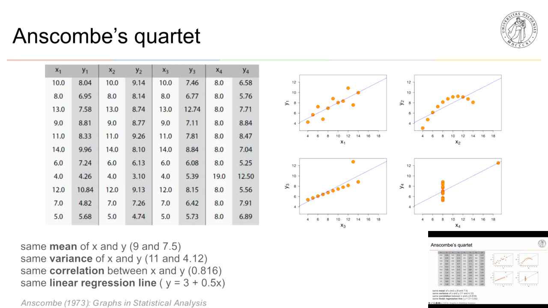Yes, and then in this fourth version, or fourth data set here, we have many points that are all on x equal 8, but y is varying. And then there's this one outlier. And this could be, of course, like here in the previous one, it could be a mistake, but it could also be something that happens with x when y equals 12, right?